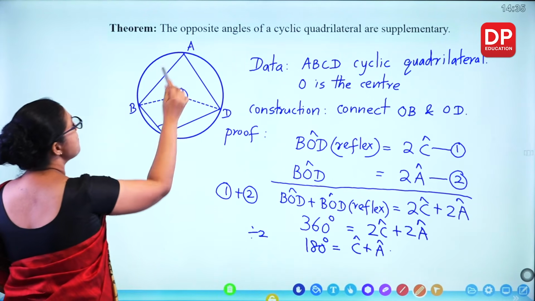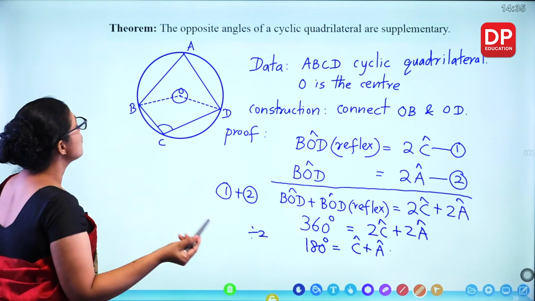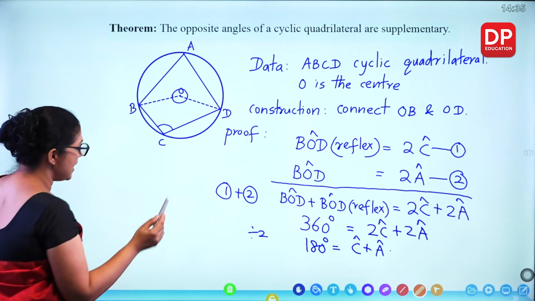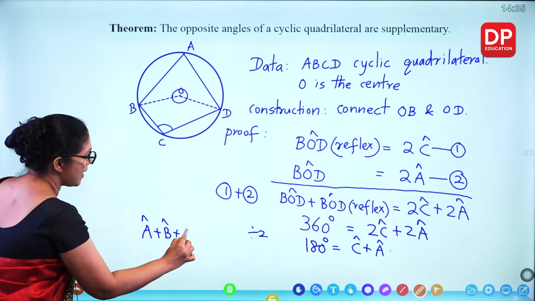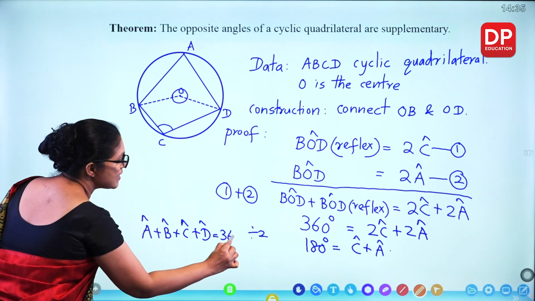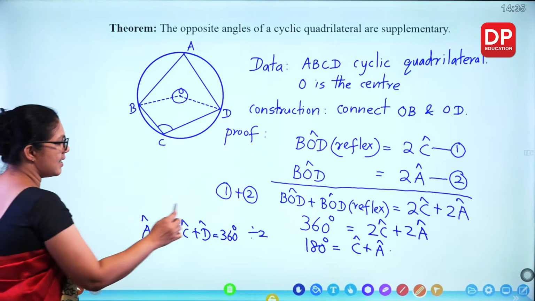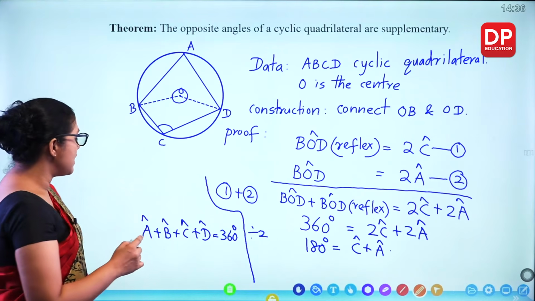Then you can say these two add up to 180. So what is B and D? A plus B plus C plus D all add up to 360. What's the reason? Sum of angles in a quadrilateral.